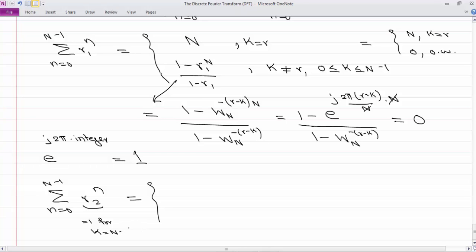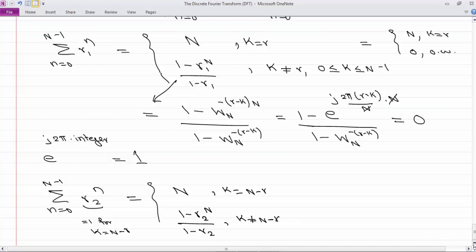So in that case, we just compute the sum itself. So for k equal to N minus r, this is just the summation of 1 N times, so we get back N. Now for the other case, we just use the geometric sum formula, 1 minus r2 to the N over 1 minus r2 for k not equal to N minus r.